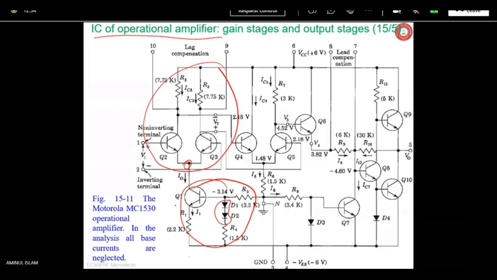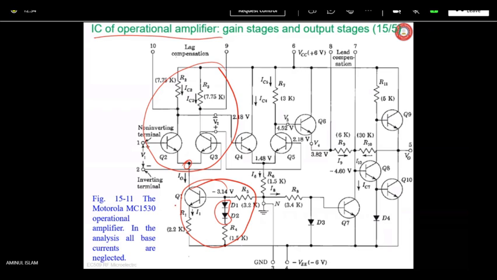The first stage voltage gain AV1 consists of Q2 and Q3, with Q1 used as a current source. This Q1 is acting as a current source with its biasing resistor and diodes. As we have seen in the last class, one diode is not sufficient, 2 diodes are used here.